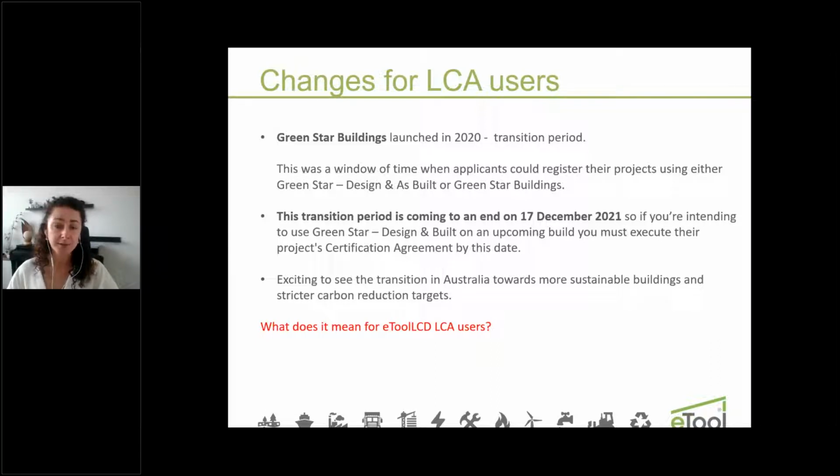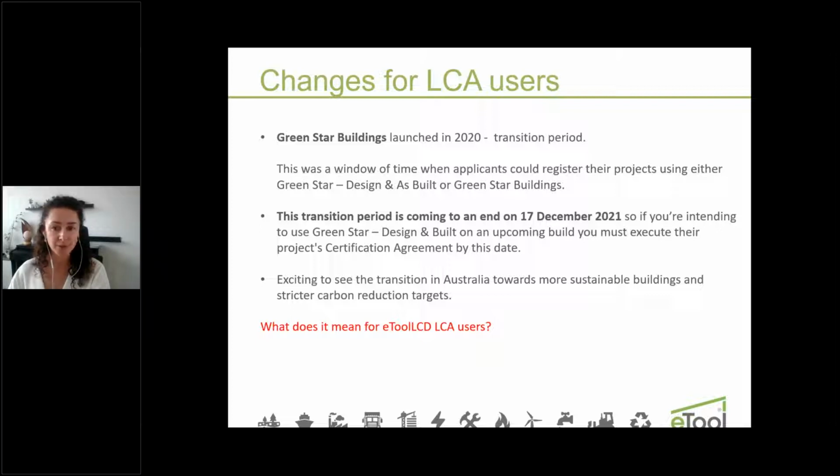And it's really exciting to see the transition in Australia towards more sustainable buildings, and also to see really quite challenging targets. Also, as you're aware, there is lots of talk about embodied carbon, and MECLA is doing their bit, trying to arrange with the industry and coordinate the actions to achieve more sustainable outcomes.